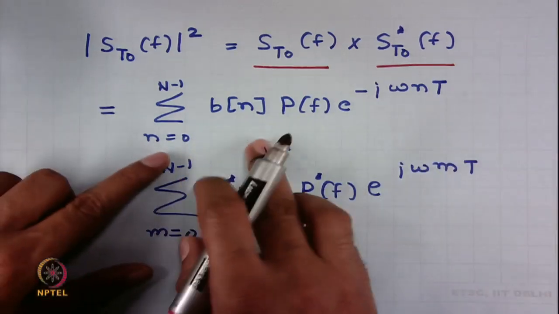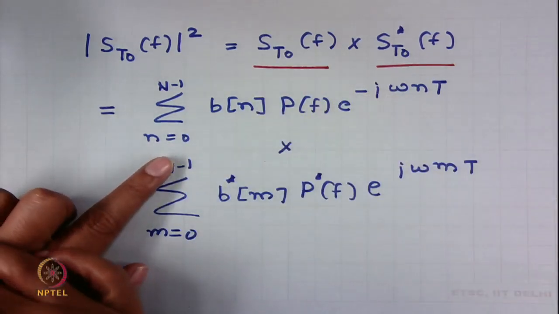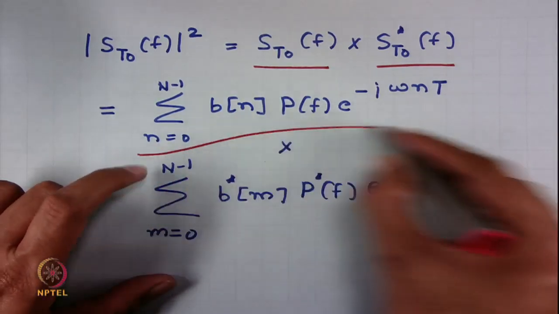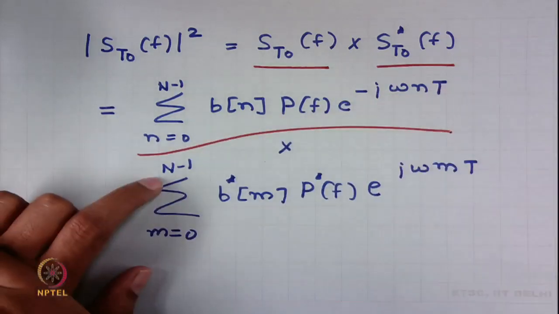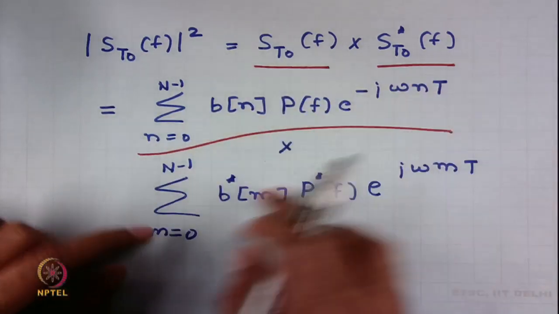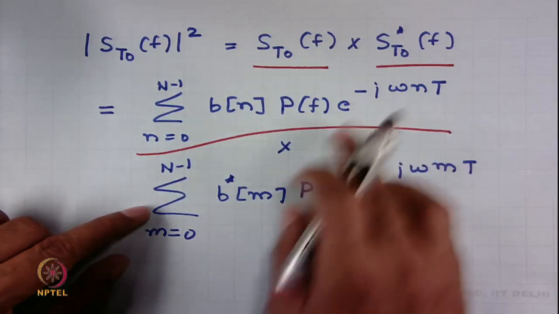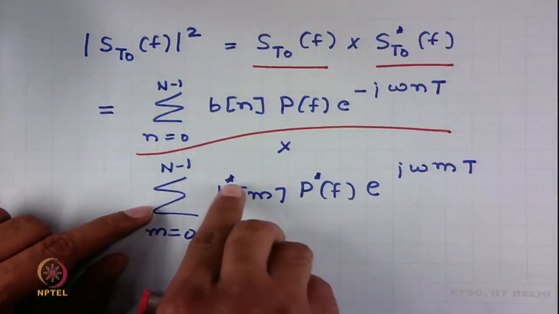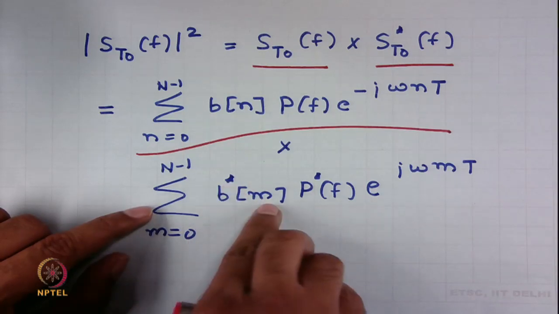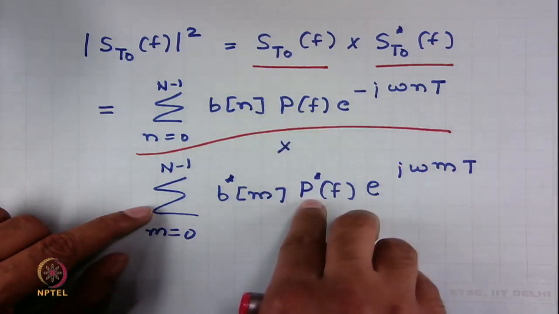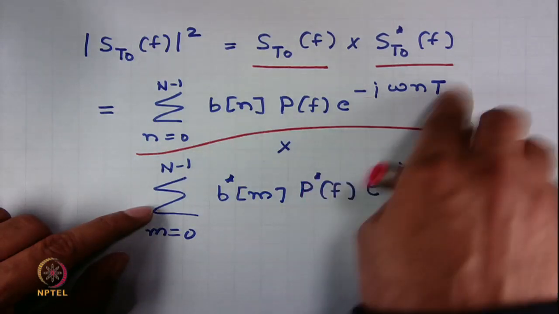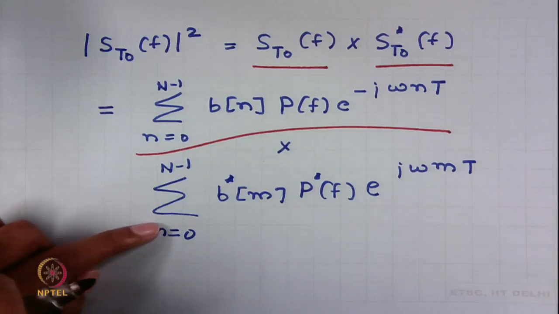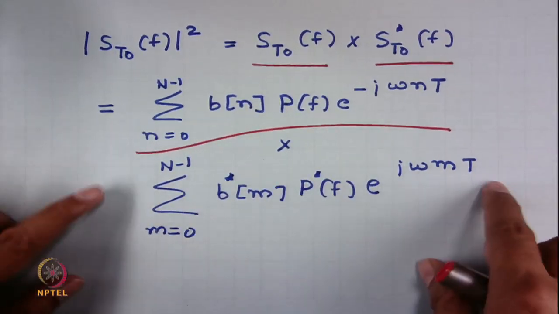It is also easy, and that is why we are not writing everything today. So, we have S T naught of f, which we derived in the last slide, and then we have to multiply again with this, but we have to take the conjugation. So, it becomes B conjugate m. When I am taking a conjugate of this quantity, this minus will become plus. Okay. And everything else remains the same.